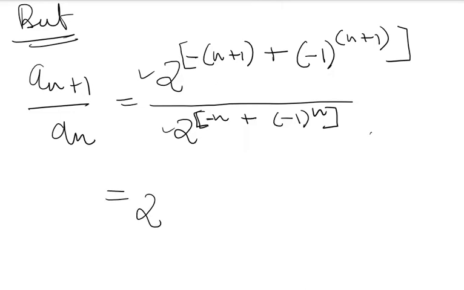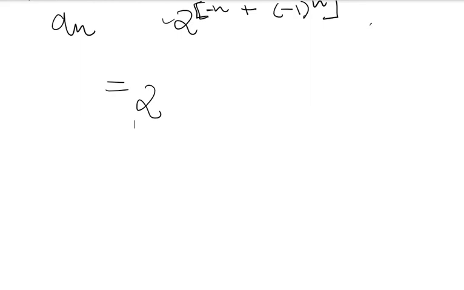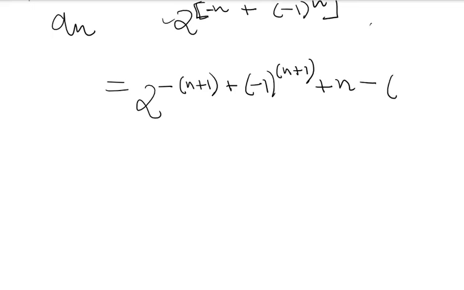So 2 to the power minus (n+1) plus minus 1 whole to the power n+1 plus n minus minus 1 whole to the power n.